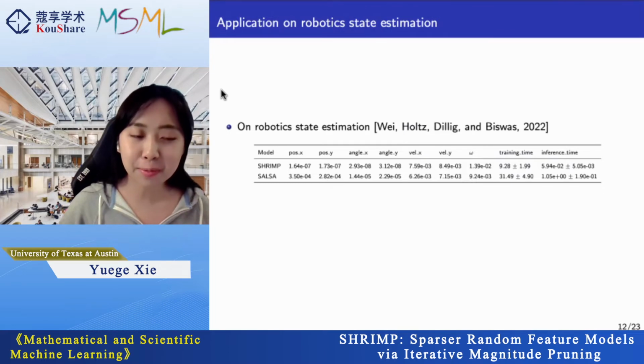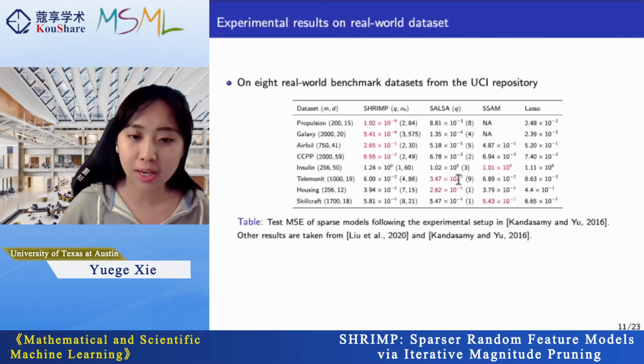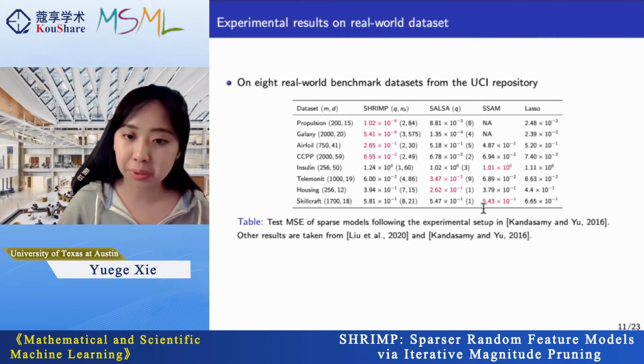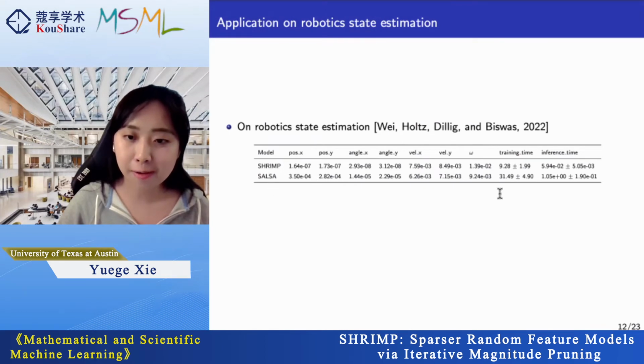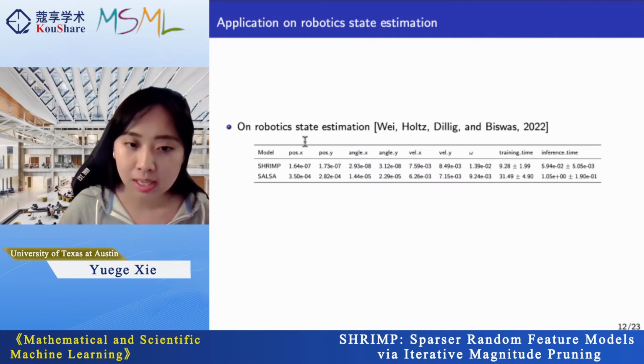The reason we do it is because we found in previous results that SALSA can obtain some good results as well, so we would like to compare shrimp with SALSA in more experiments. We can see for the position and the angular estimation, we can obtain better results, and we can also obtain similar results on the rest of the measurements.